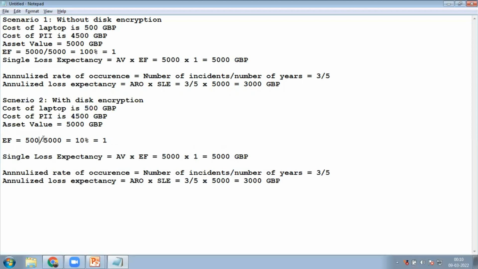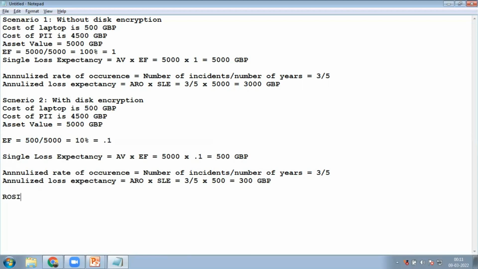So there's going to be 10%, 0.1. Single loss expectancy is 5,000 multiplied by 0.1. That becomes 500 GBP. So because I'm introducing the disk encryption, it has drastically reduced the loss.